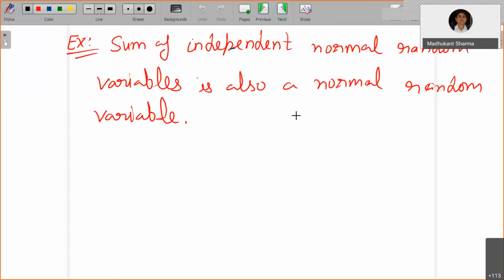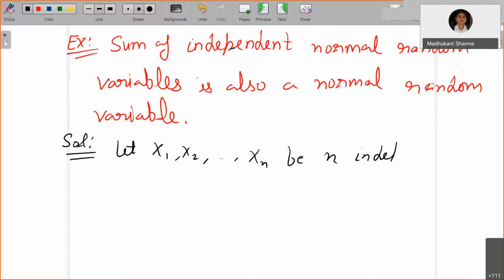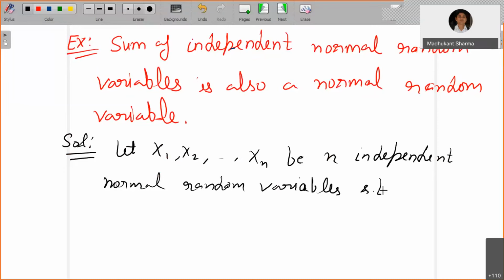So if you consider n normal random variables, let X1, X2, and so on up to Xn be n independent normal random variables such that Xi follows a normal distribution with mean mu i and variance sigma i square, for i equals 1 to n.